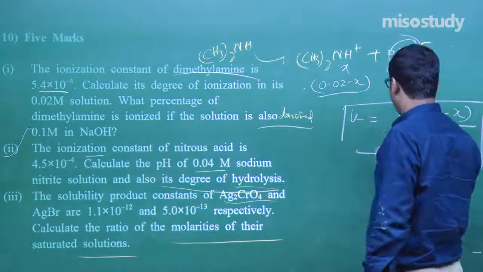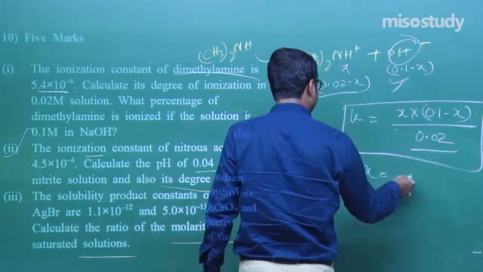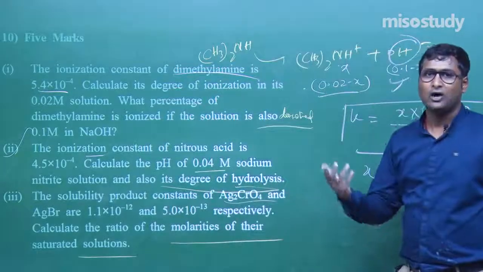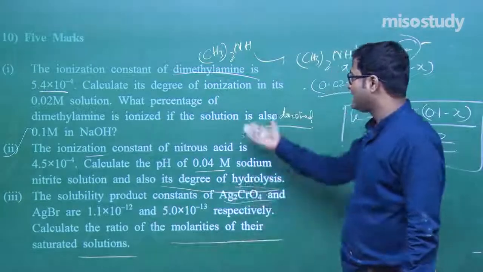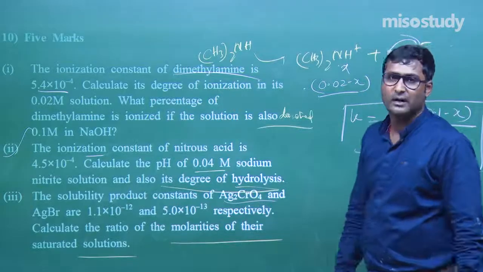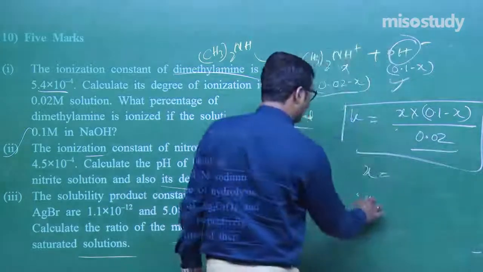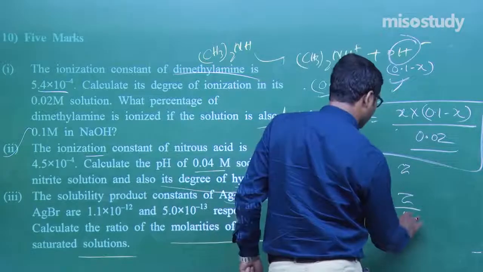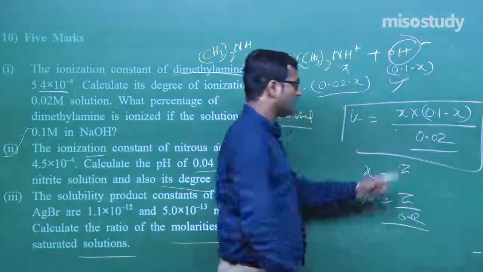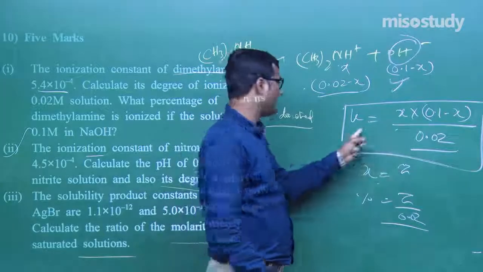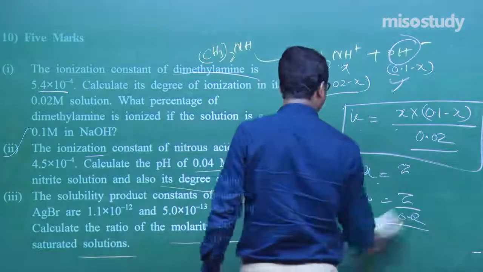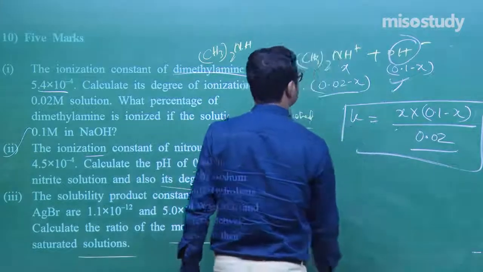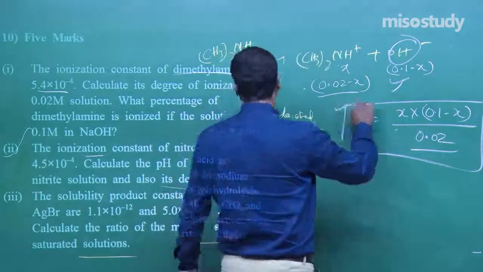So we get the value of X. Suppose the value of X we get is around 1.8 or 1.9, and we divide by the concentration 0.02 to get the percentage. Clear? You can easily solve. The value of K is given here, 5.4 × 10^-4, and alpha is also given here.